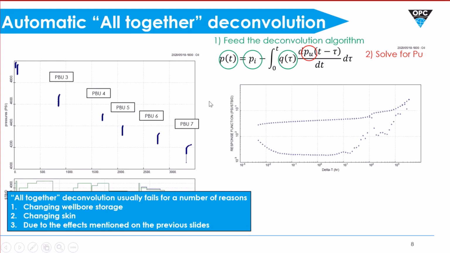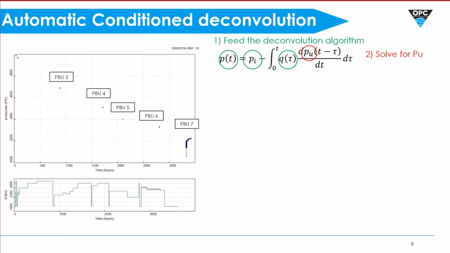So some clever people came up with what we call conditioned deconvolution. We do exactly the same thing, but the pressures that we feed to the algorithm are the full pressure data from one PDU, but we only feed late time portions of the previous PDU. And that's to remove ourselves from any wellbore effects, changing skin, etc.